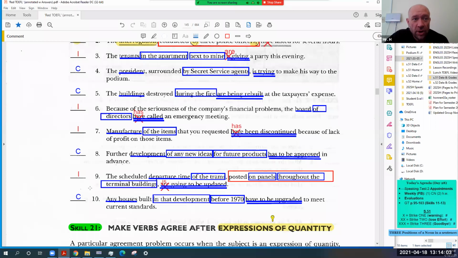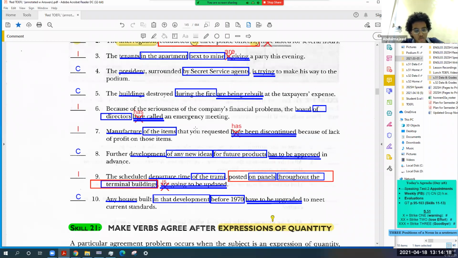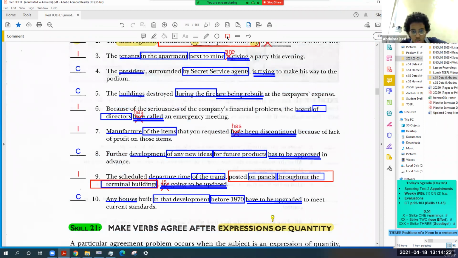In your TOEFL books, reduced adjective clause is skill 13. In Headway, it's unit 8. Also, what about this, that you requested? This is also an adjective clause. What does it describe?